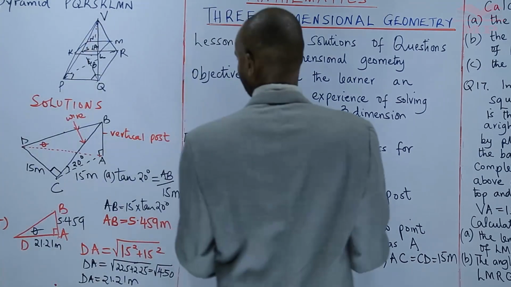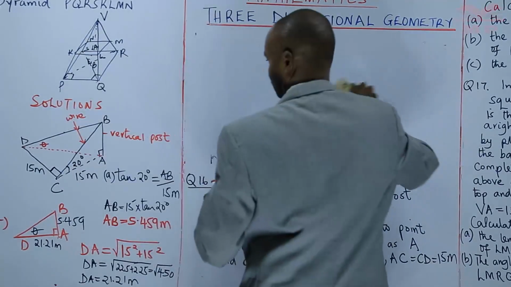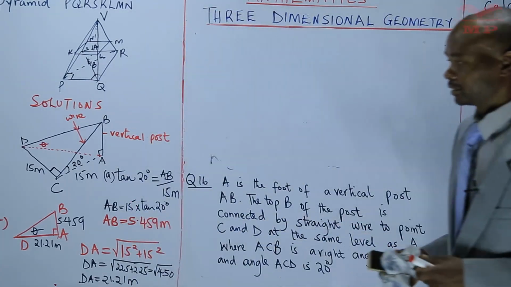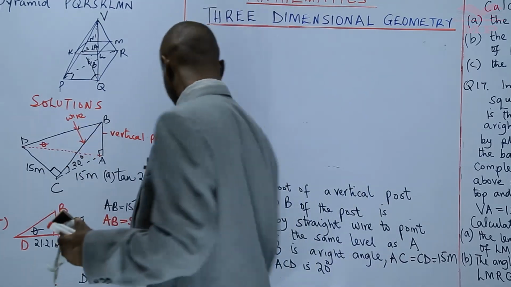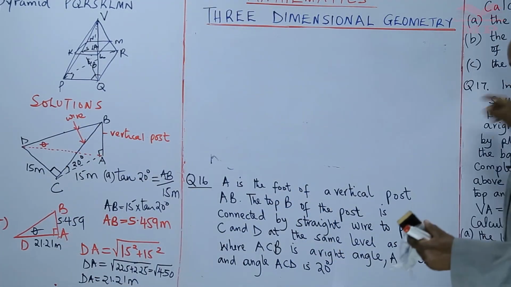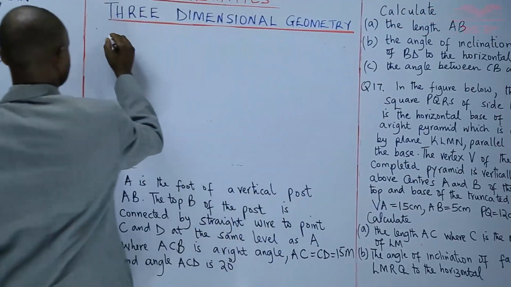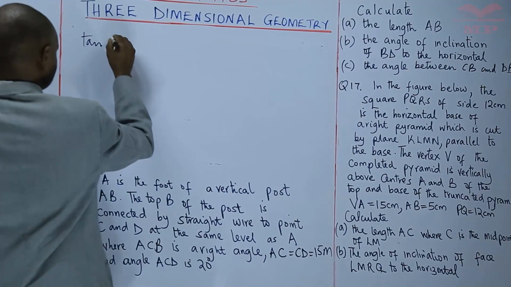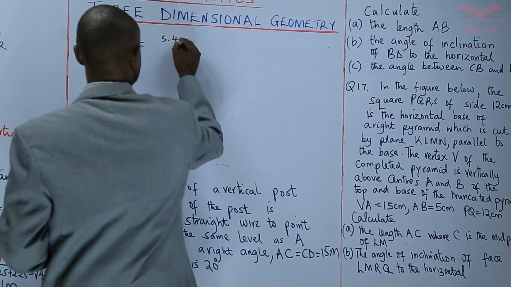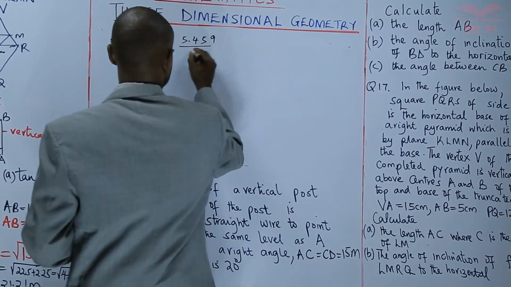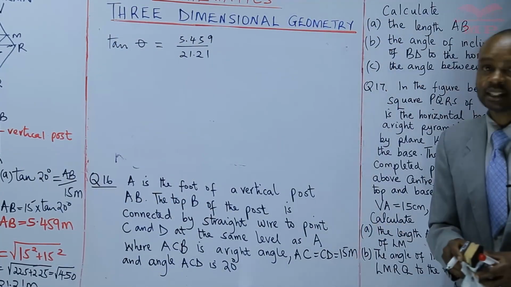So I'm looking for theta, the angle of inclination of BD with the horizontal. I'll say tan theta from that triangle will be 5.459 over 21.21, that is opposite over adjacent.